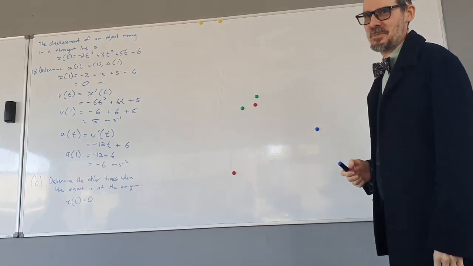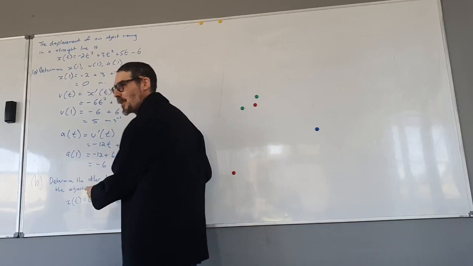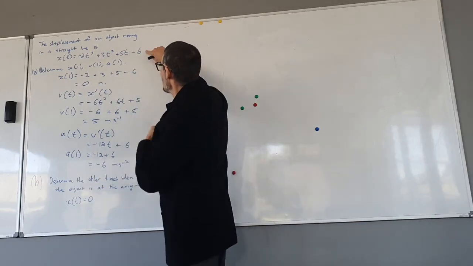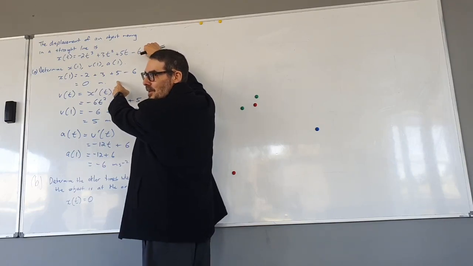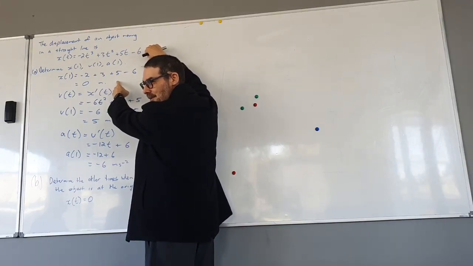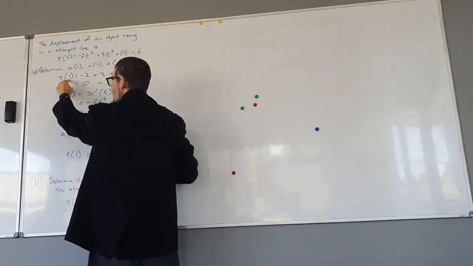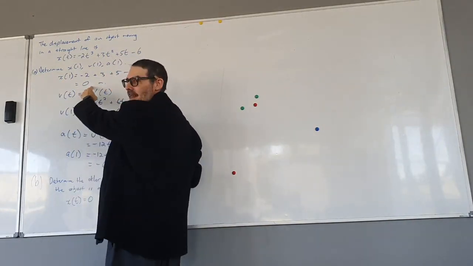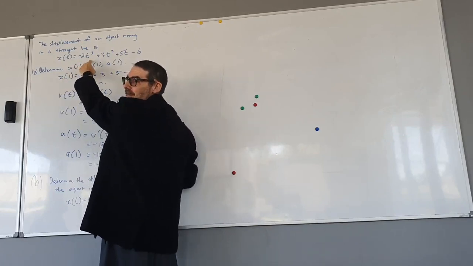Correct. So if I'm going to do it by factorising, I need to find a single factor of this. I already know one. Did you do this in methods as well? If its value at a particular time t is 0, that means t minus 1 is a factor of this.